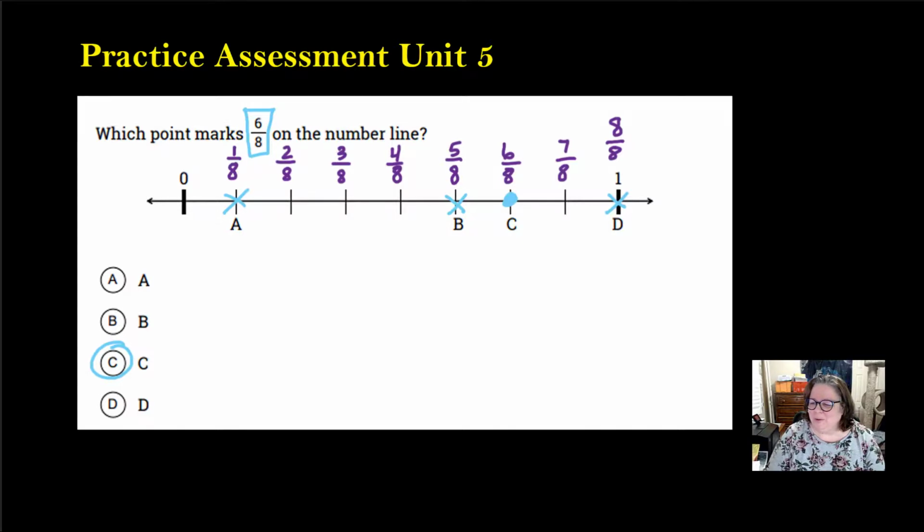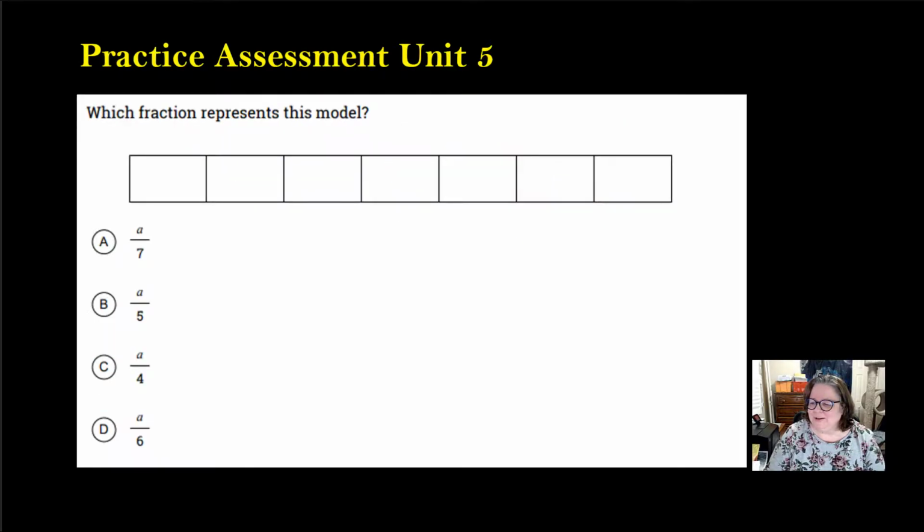I think we can do one more problem in this video, so let's just keep going. What fraction represents this model? This is a little interesting. Where do we start? We have A, B, C, and D, and there's an A in each one.